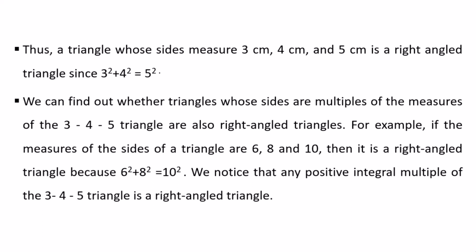For example, if the measures of the sides of a triangle are 6, 8, and 10, then it is a right angle triangle since 6 squared plus 8 squared is equal to 10 squared. The 6, 8, and 10 are multiples of 3, 4, and 5 with a common multiplier. We notice that any positive integral multiple of the 3, 4, 5 triangle is a right angle triangle.